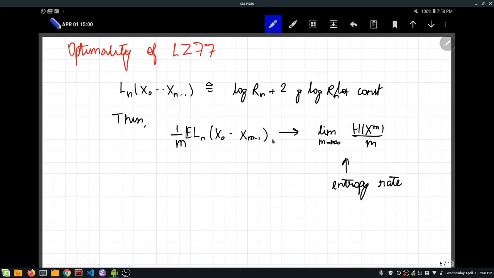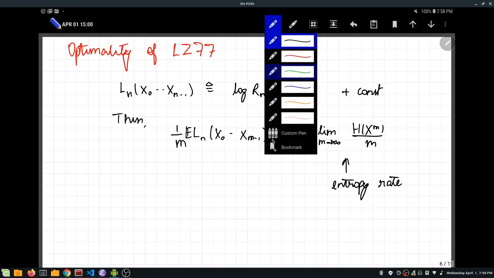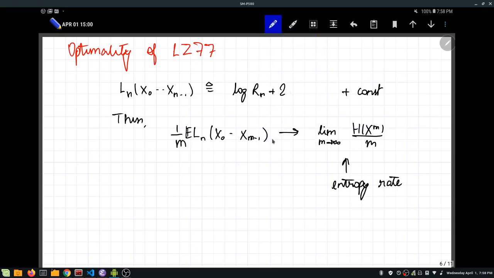So let's define this quantity l_n(x0 to x_{n-1}) as log R_n plus 2 log log R_n plus some constant which is independent of it.